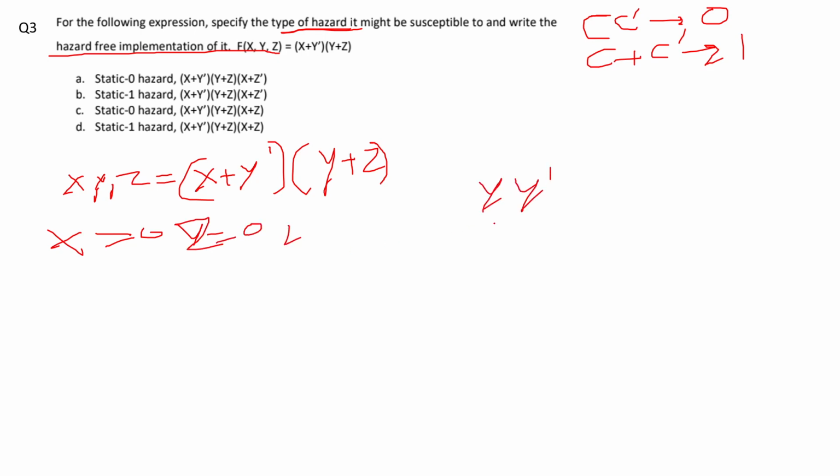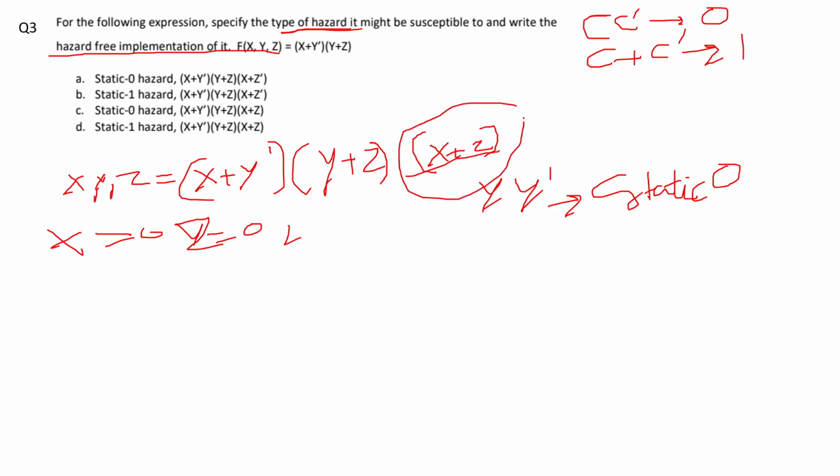So we get a static 0 hazard. To make it hazard free, we'll just multiply in one more sum term, which will be x plus z. We could also do it using the K-map.